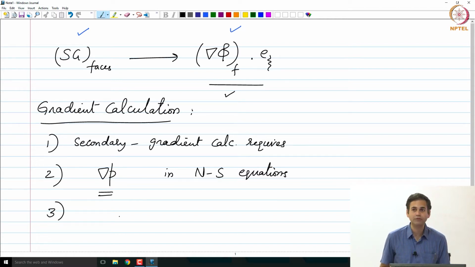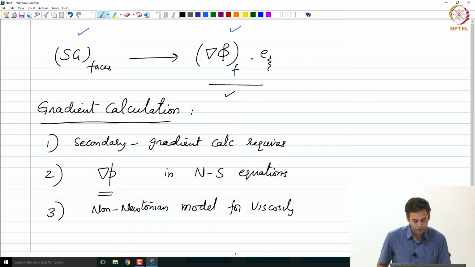Further, let us say you have a non-Newtonian model for your viscosity. Then we again would need gradients of velocities, right, because the gradients of velocities are required in the non-Newtonian coefficients that have to be calculated. So as a result, we need to calculate the gradients of the velocity, right. Here u would be your phi.